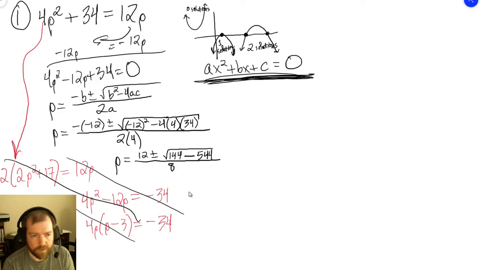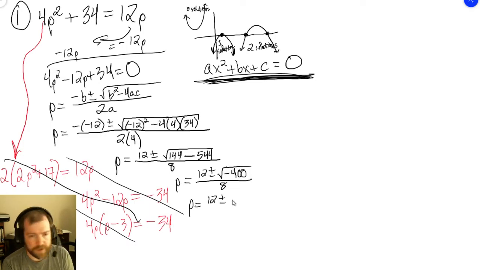Divided by 8. P equals 12 plus or minus the square root of a negative 400 divided by 8. Here, 12 plus or minus, this is the same as the square root of 400 times negative 1.